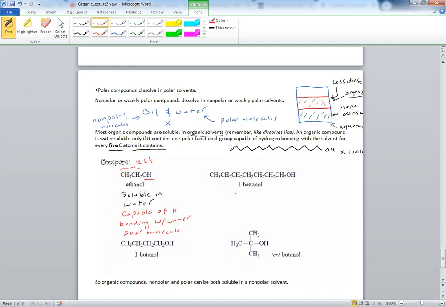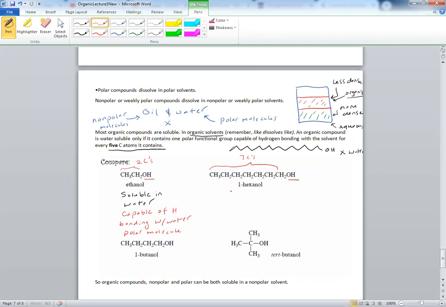However, when we go to the next one, you'll notice that if you count these, 1, 2, 3, 4, 5, 6, 7. So these are 7 carbons here. And in this case, you have more than 5 for that OH right here.